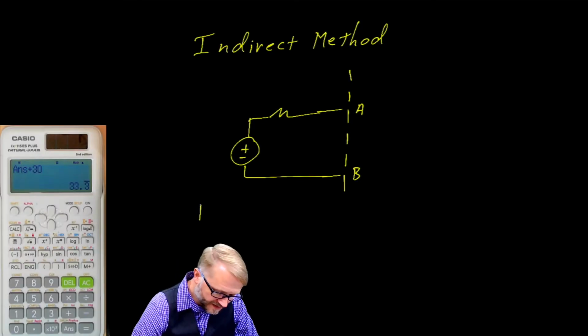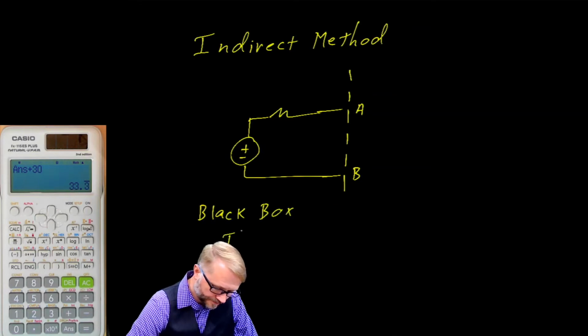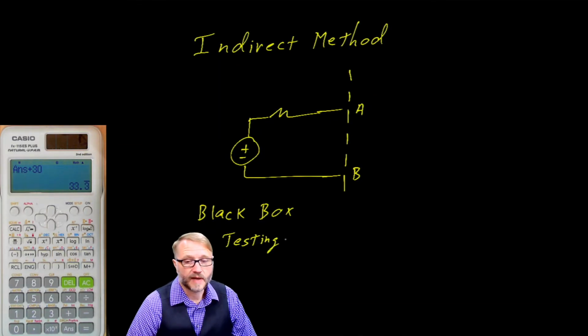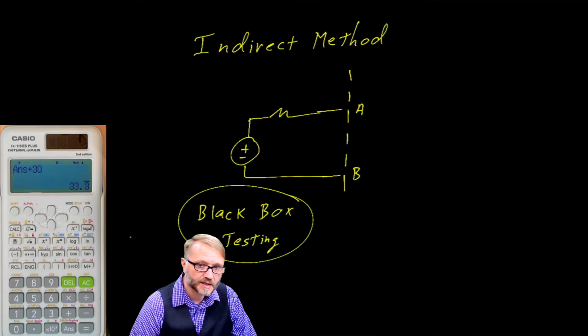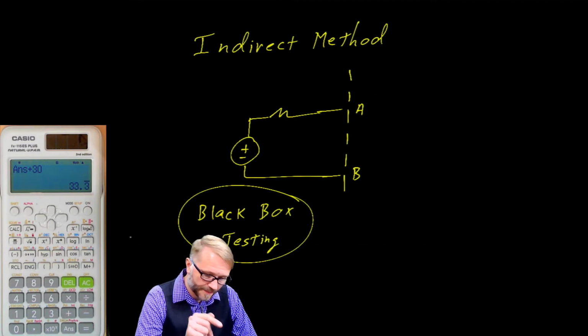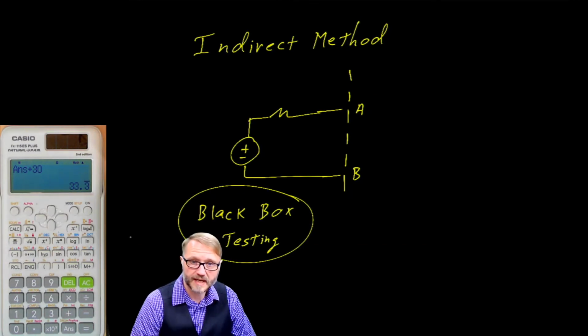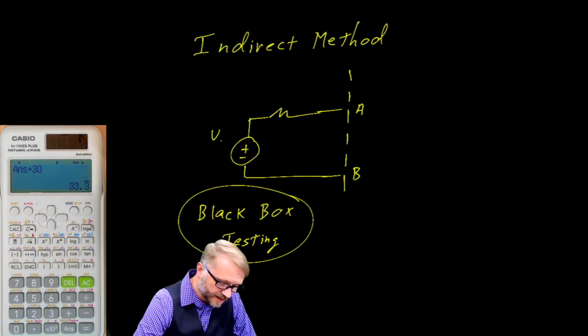You could think of this as black box testing. It's a software term. When you have a piece of equipment and you just do not know what's inside of it, all you can do is look into it and assume or model it as if it was, in this case, a Thevenin voltage and a Thevenin resistance in series.